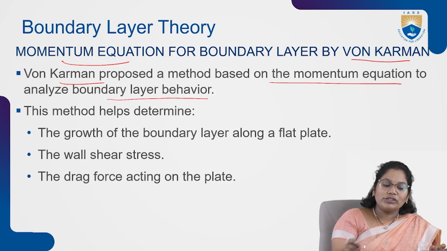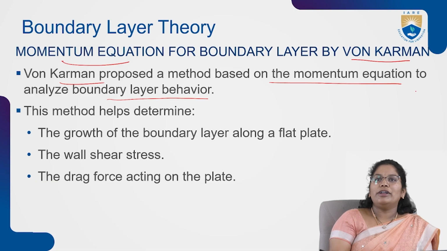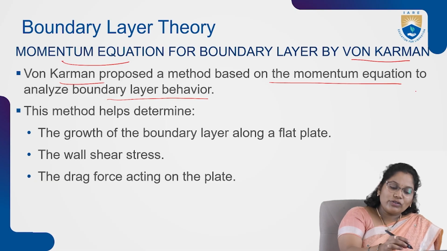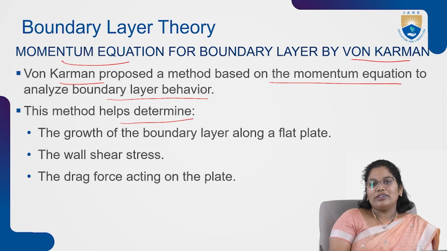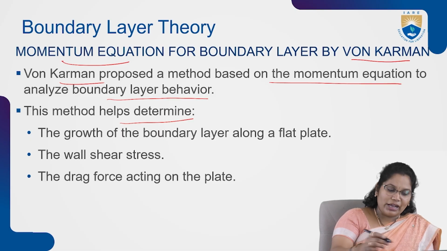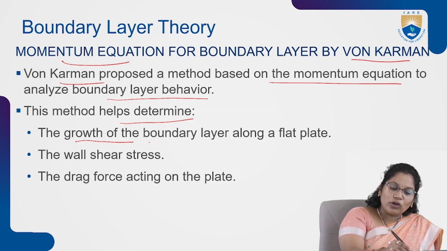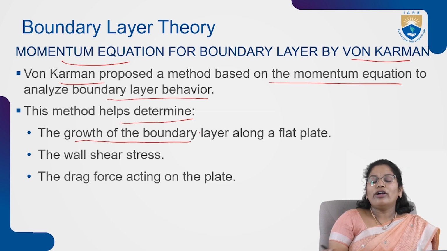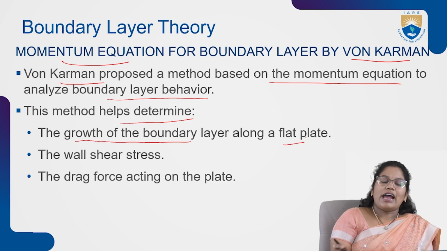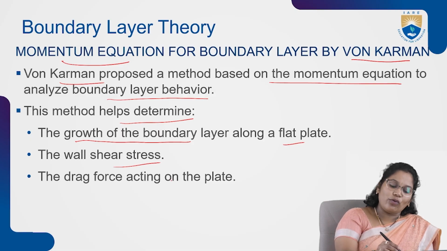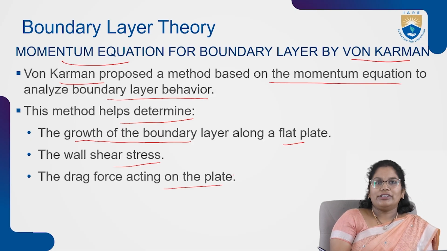This method, that is von Karman's equation, is used to determine the growth of the boundary layer along a flat plate, second the wall shear stress, third the drag force acting on the plate.